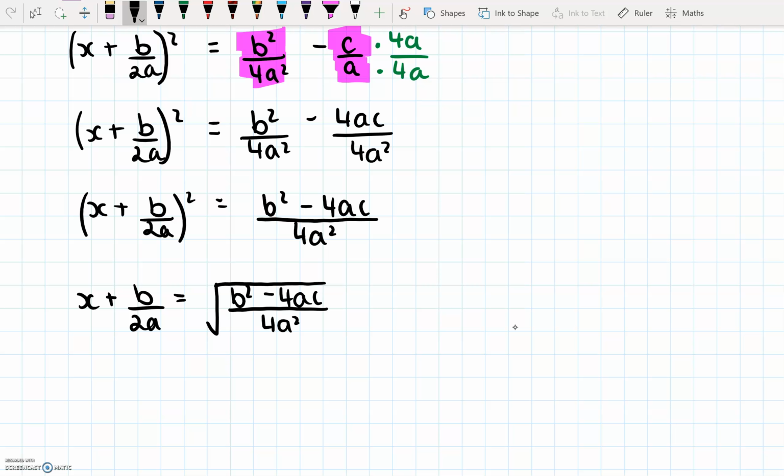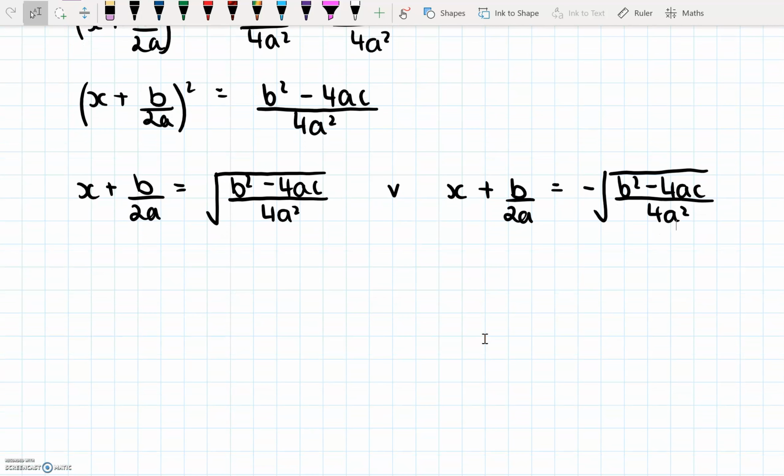And we also get the negative. So x plus b over 2a is equal to the negative square root of b squared minus 4ac over 4a squared.